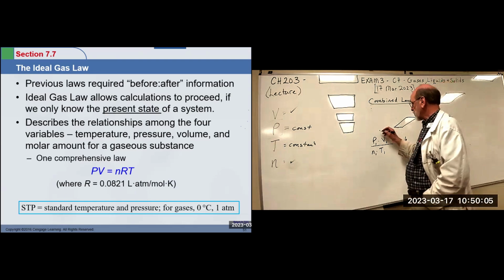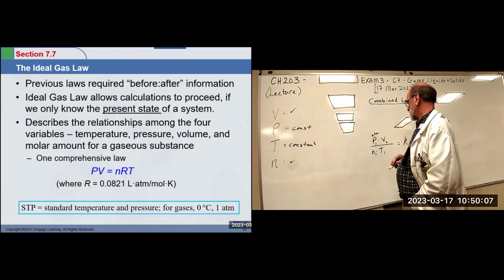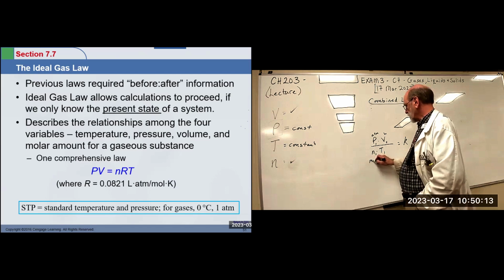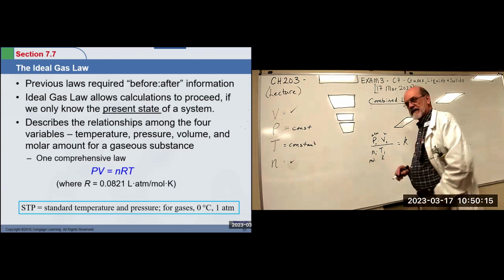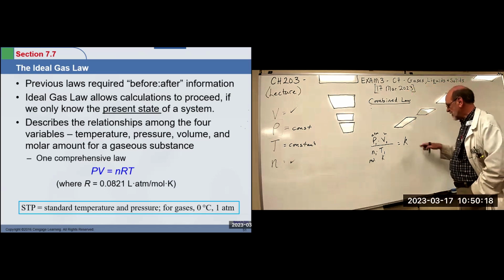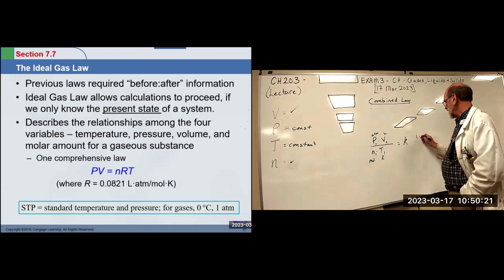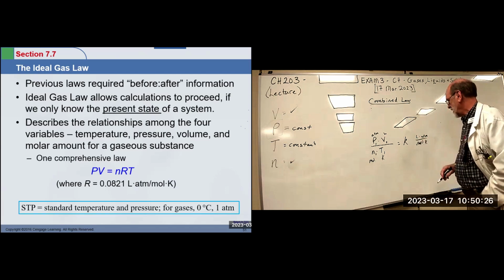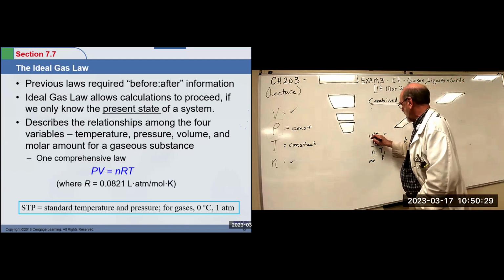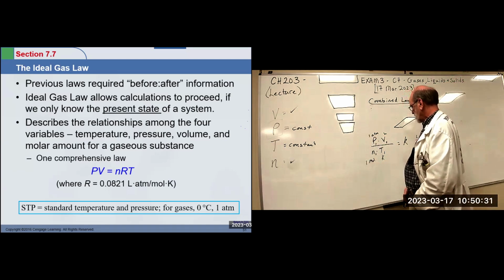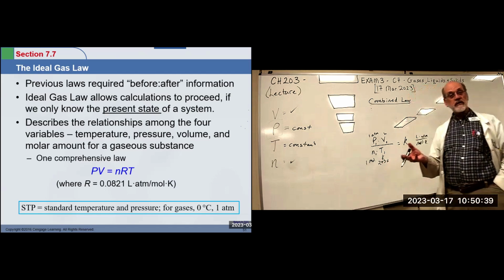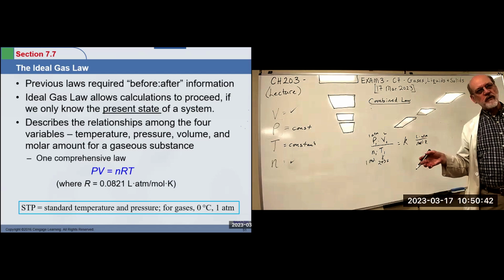Right. So if we let this one be atmospheres, this one equals liters, this one is moles, and this one is K, temperature. Then the units of measure here are liter atmospheres per mole K. And if we let this be 1 atmosphere, this is 1 mole, this is 273 K, which is 0 degrees Celsius, which is standard temperature for all gases.